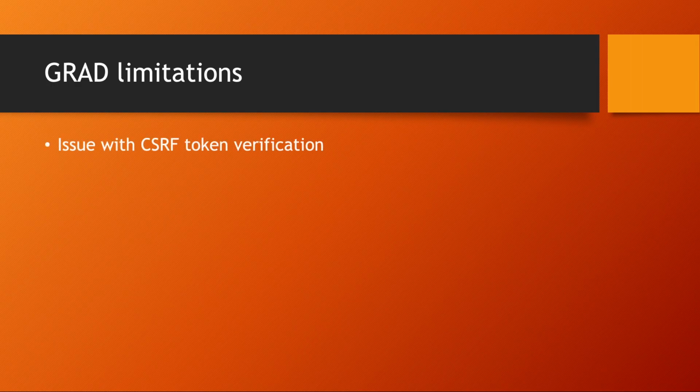The big one I have run into is there's an issue with CSRF token verification as of this moment. This actually might not be the case. They might have updated this and fixed this with the latest version of Graphene. I haven't been able to look back and check. If they have, let me know and I'll update this video. But at this stage, the problem I have run into is that Django, with its CSRF token creation, is expecting one token requested and then one token back on the front end.